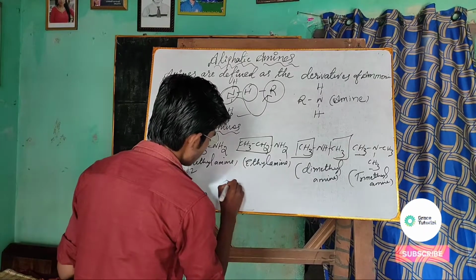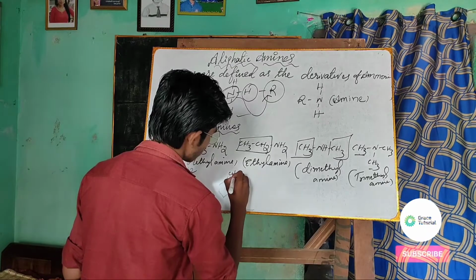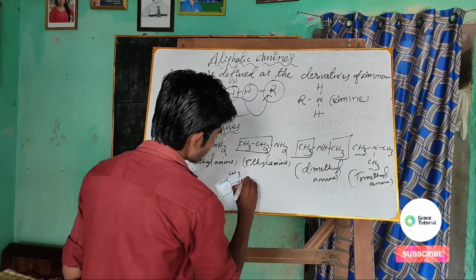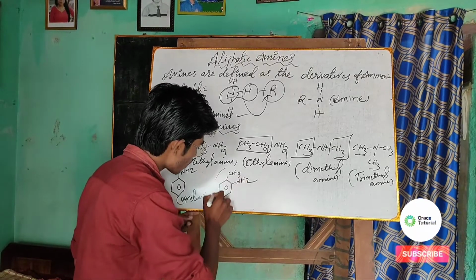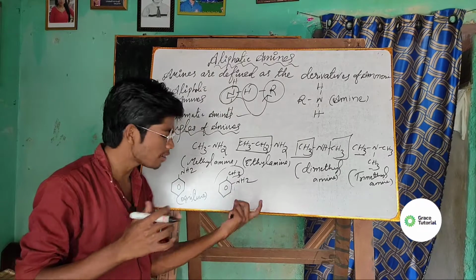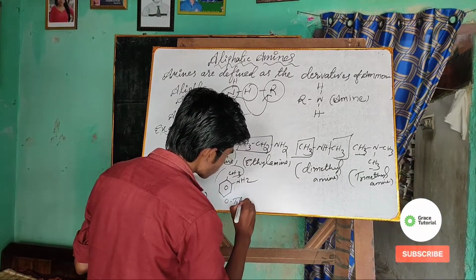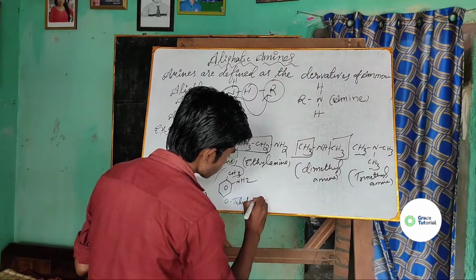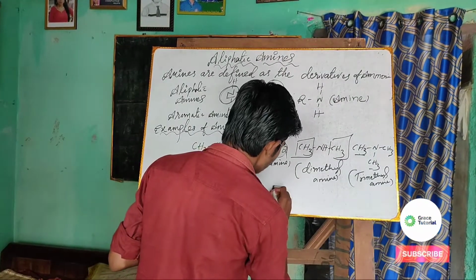Similarly, I have toluene. Here the amine group is attached. This is toluene, right? This part. This is toluene, and when the amine group is attached to that, then this is ortho-toluidine. Let me give you another example.